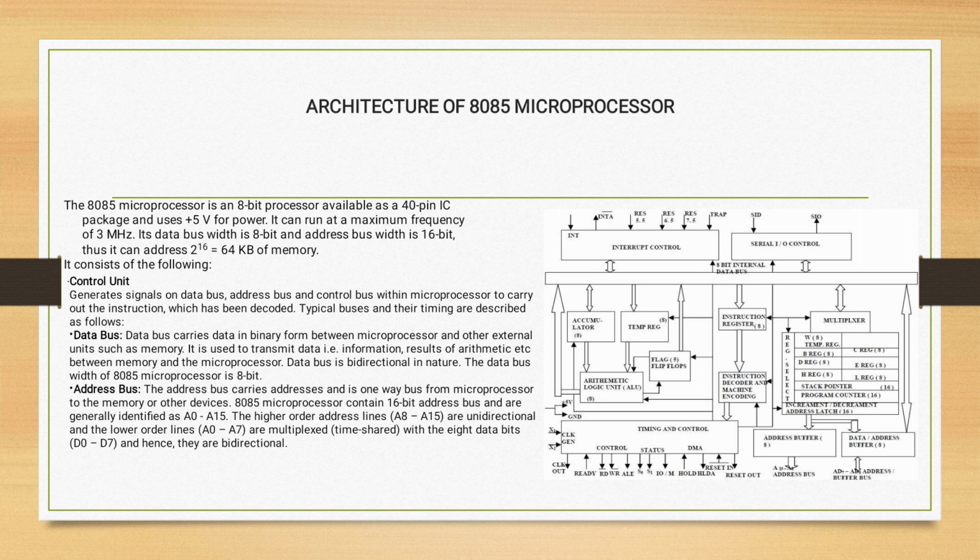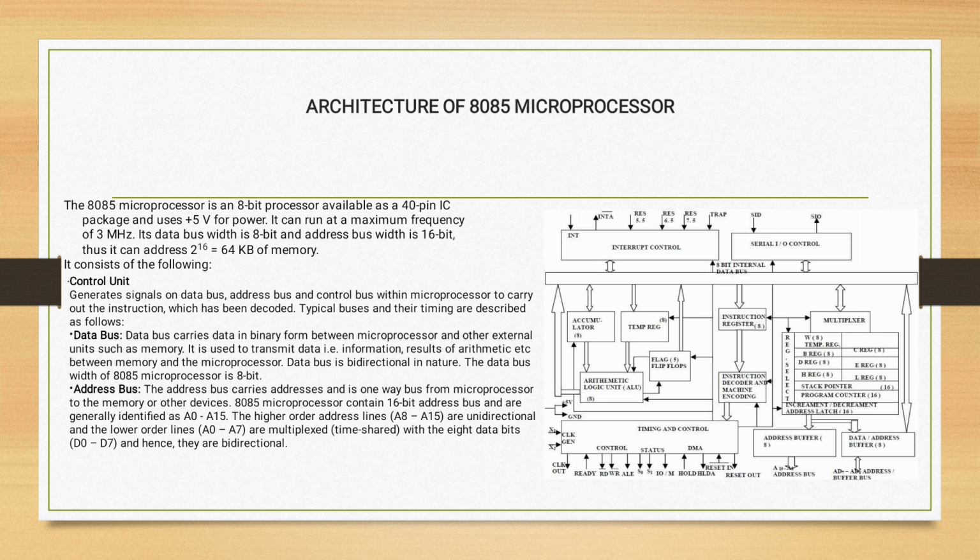So data bus means through which the data in binary form could be transferred in between microprocessor to any other external devices. It may be our device or others. In case of 8085, always remember the data bus is 8-bit and the address bus is 16 bits. So that is why this is called 8-bit processor.